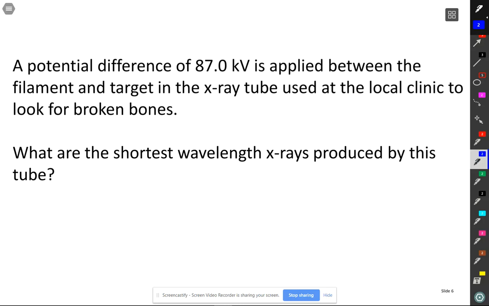Yeah, that's what I got. You check hers? Yes. Yeah. There's a couple things that communicate incorrect and has to do with units.